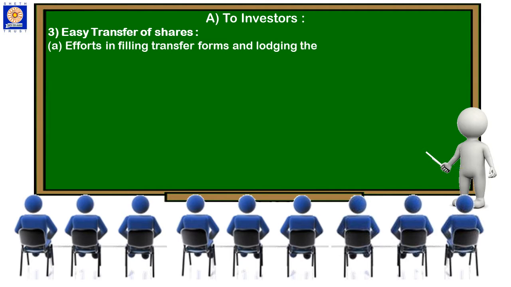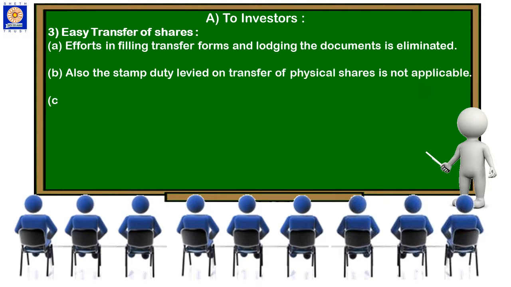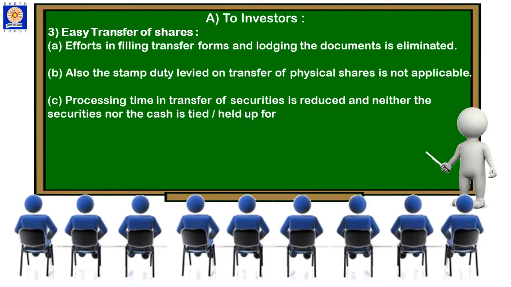Our third advantage is easy transfer of shares. Transfer of shares means selling of shares. Efforts in filling transfer forms and lodging the documents are eliminated. That means there is no need to fill the transfer form.